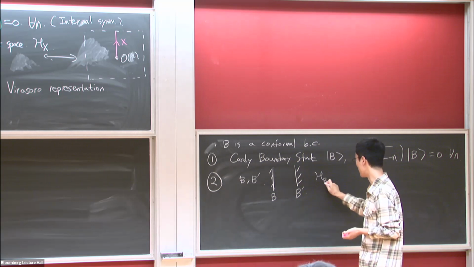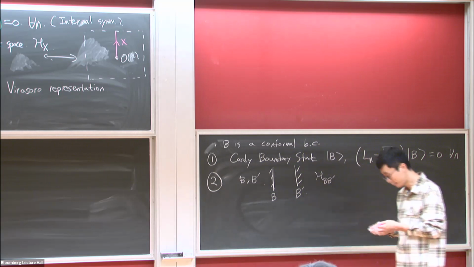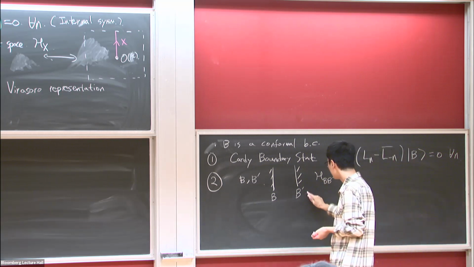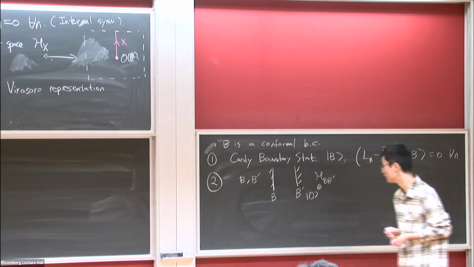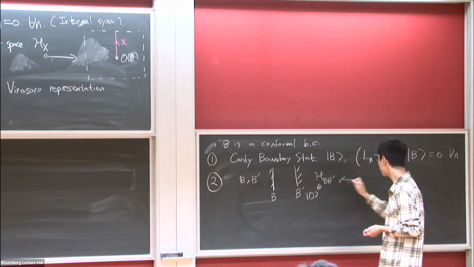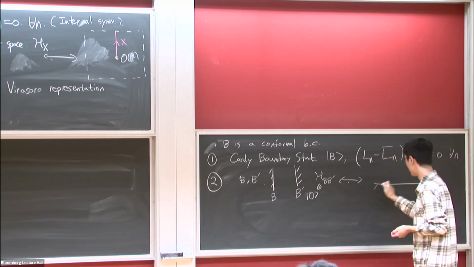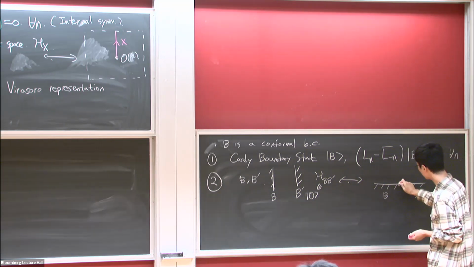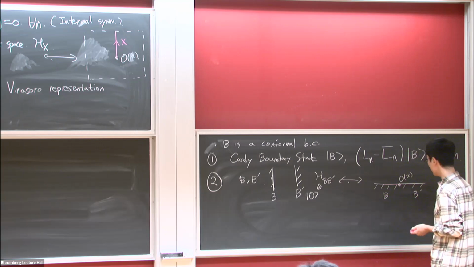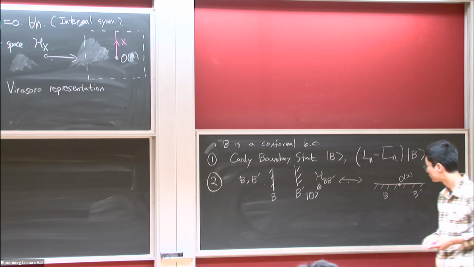I'm going to write it as H sub BB prime. And states inside this interval space map to boundary condition changing local operators by the state operator correspondence.